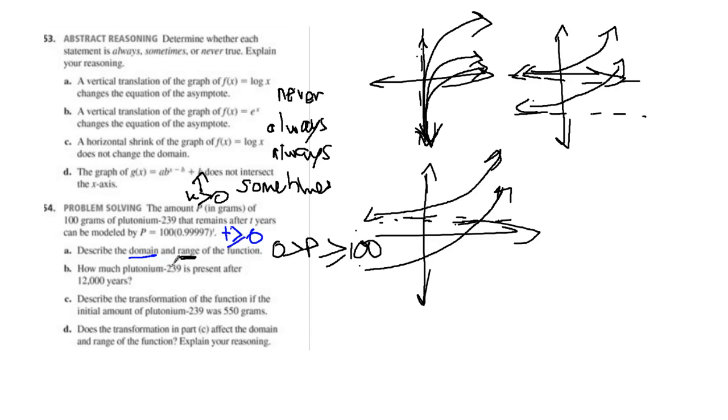How much plutonium 239 remains after 12,000 years? So let's put 12,000 into the equation. Let me use my phone calculator. You will get 0.99997 to the power of 12,000, which is 0.697.